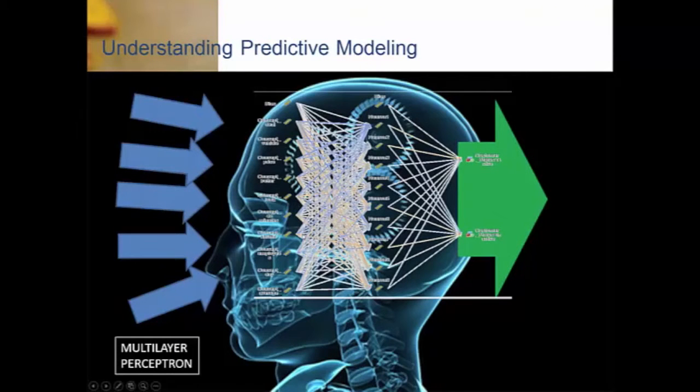So what we're looking at here is a diagram of a multilayer perceptron. Multilayer perceptrons are a type of neural network model that come out of the machine learning space. Machine learning is an attempt to make software that behaves like the human mind. We're able to consider many different things, whether we're considering sounds that we're hearing or sights that we're seeing.